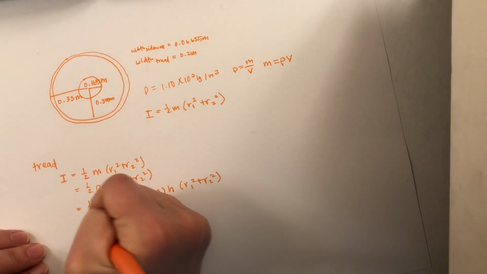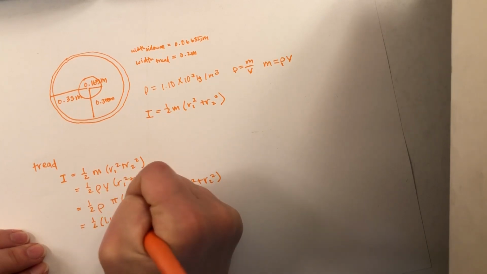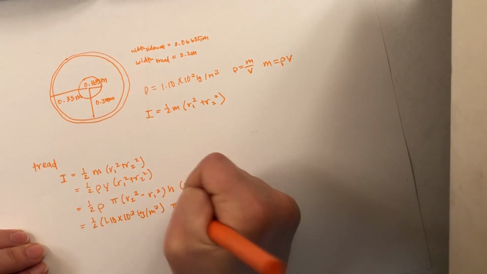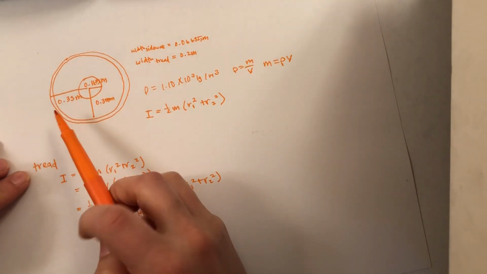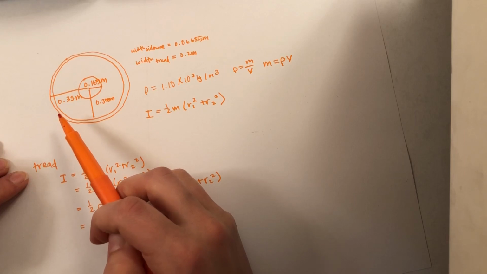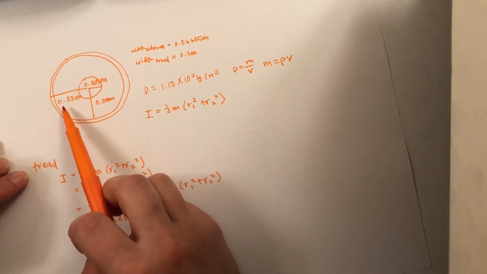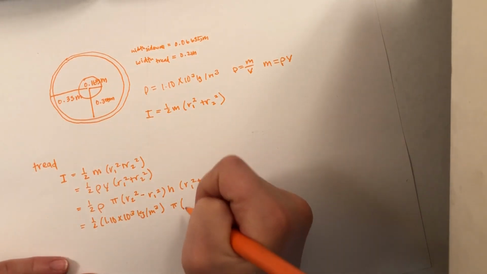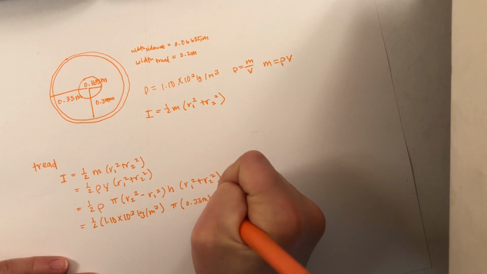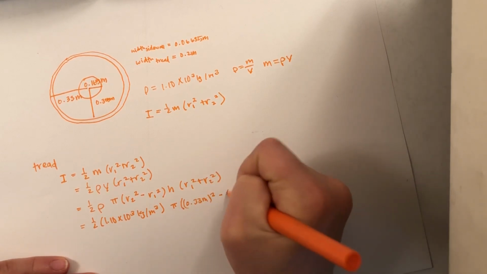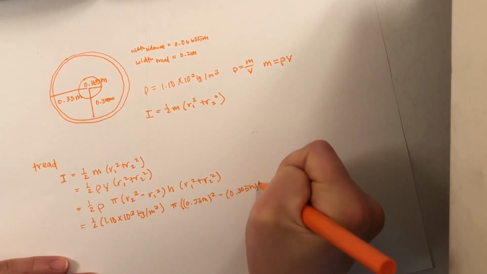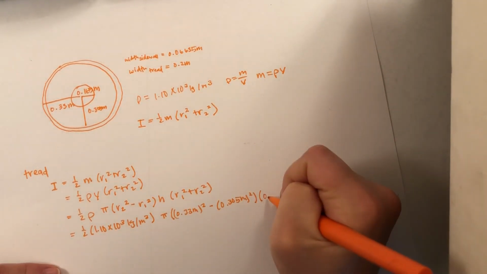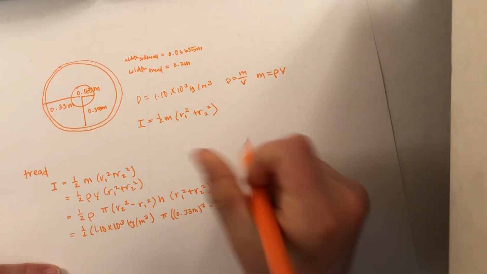Okay, 1/2, 1.10 times 10 to the third kilograms per meter cubed, pi. So for the tread, the greater radius is 0.33 meters, and the smaller radius is 0.305 meters. So 0.33 meters squared minus 0.305 meters squared times the height of the sidewall, or the width of it, which is, wait, what am I doing?